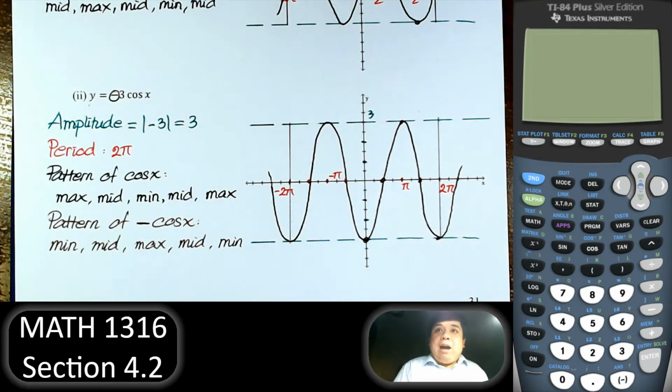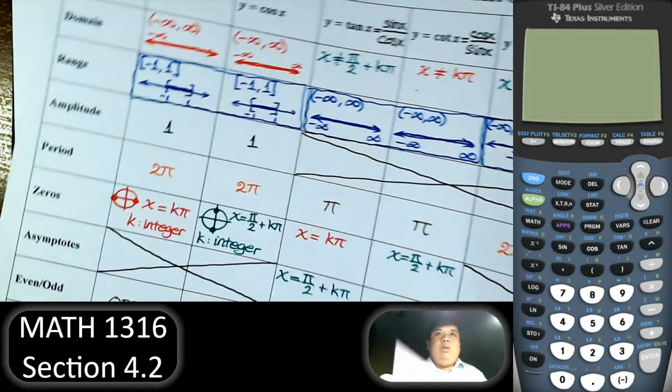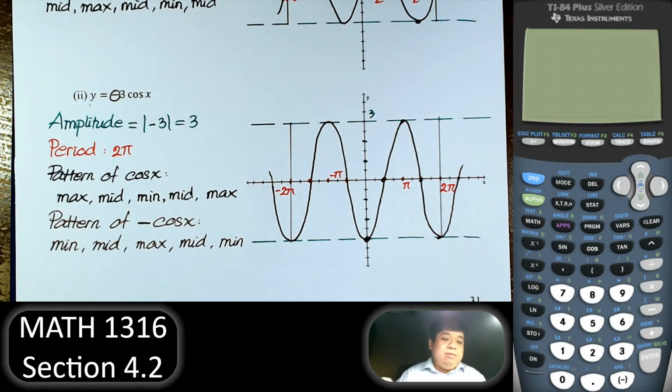So it's not that bad, right? Just determine amplitude and period, and it will just fit the graph inside, depending on the parent, sine or cosine. So that's why this is very important. When we know this, we can have the graph.